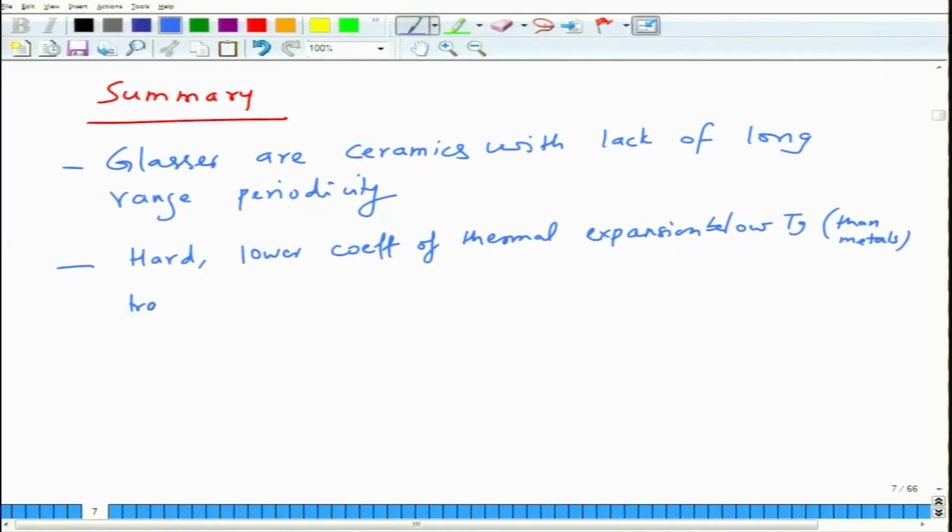They are transparent, and color can be tuned by putting in impurities. Okay. And they are of course thermal and electrical insulators.